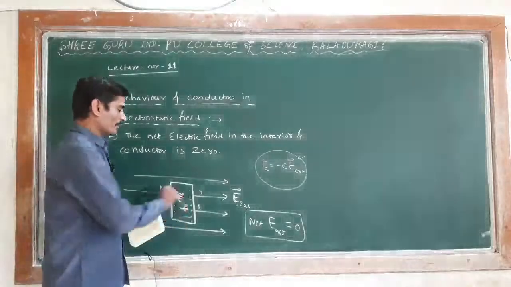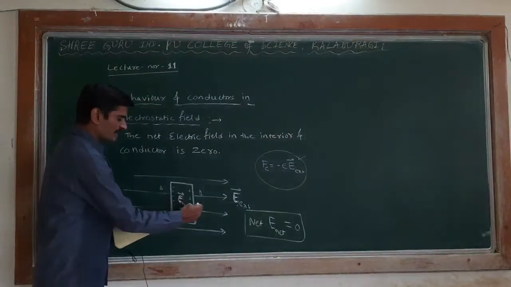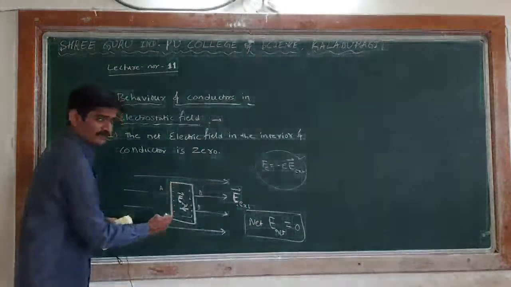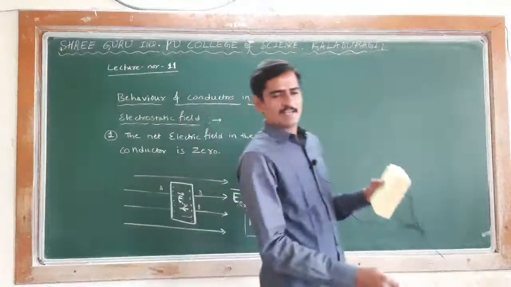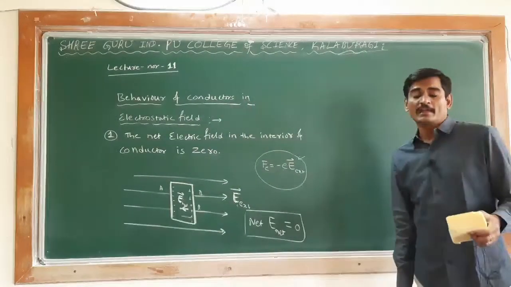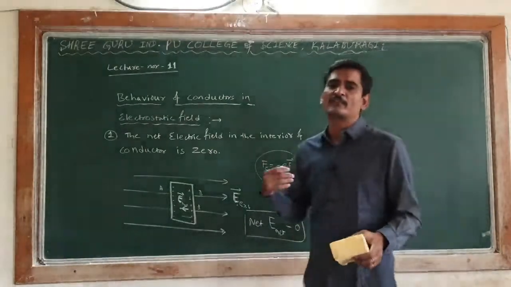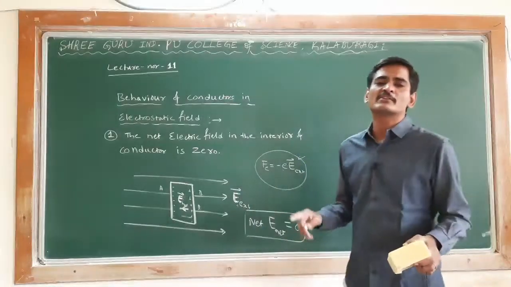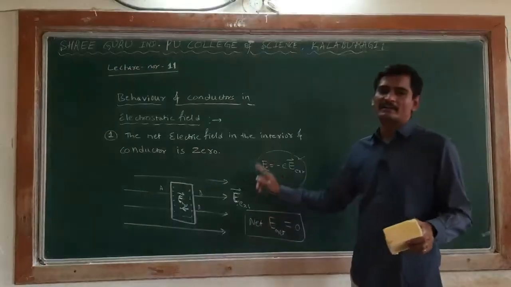See here. When an external electric field is applied, the electrons will move from the end B to the end A. As a result, the end B becomes positively charged and end A becomes negatively charged. Due to this redistribution of electrons, an induced electric field is created, and its direction is opposite to the direction of the external electric field.